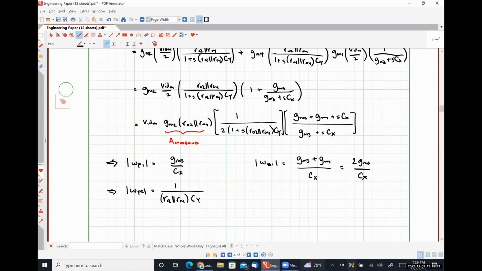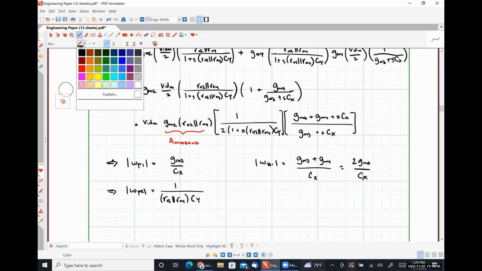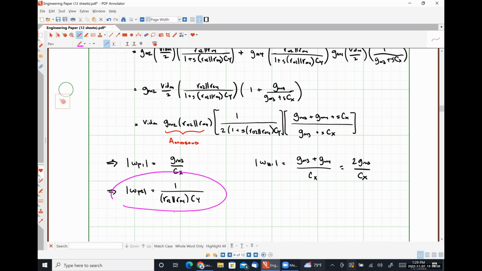RX or RY? RY. R naught 2 in parallel with R naught 4 should be significantly larger than 1 over GM3. So this guy is effectively our dominant pole and sets our bandwidth.